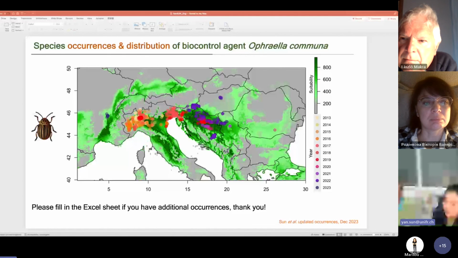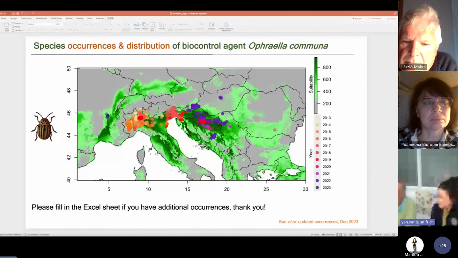After that point, we consider it as a biocontrol agent. Before it was an accidental introduction. And then it was mass reared, as Jens said, 1 million Ophraella per greenhouse per month. This means one generation. And then they were released.